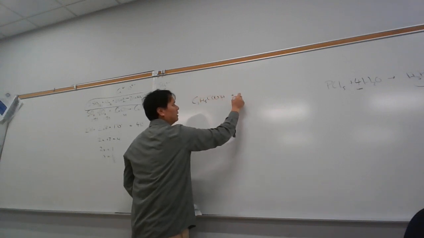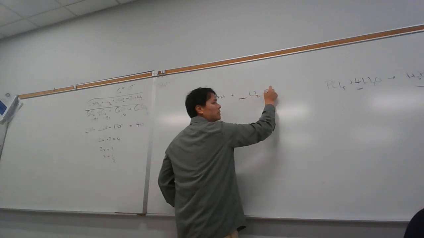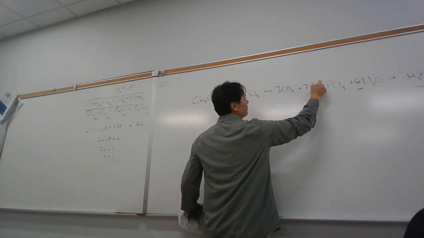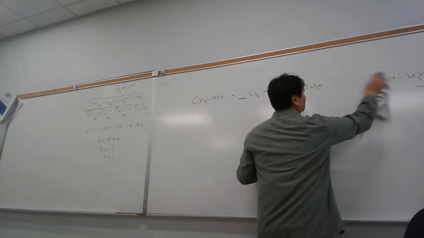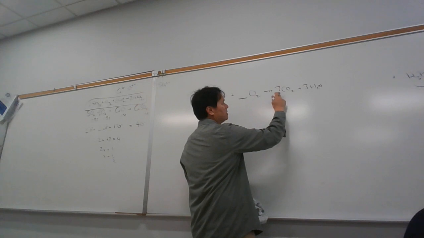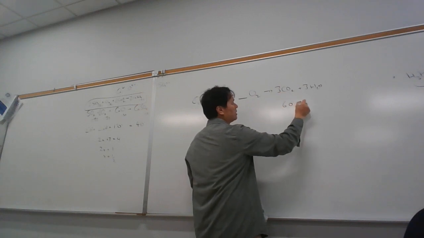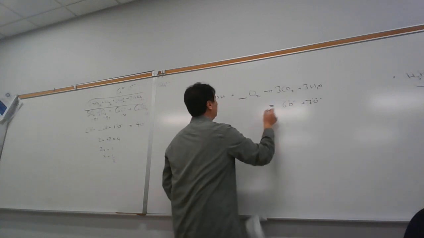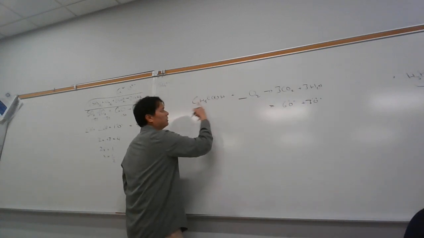C2H5COOH plus blank O2 is going to produce 3 CO2s plus 3 waters. And so what I'll do here is this is fixed, 6 oxygens plus 3 oxygens is going to equal, over here this is fixed too, I don't want to change this.